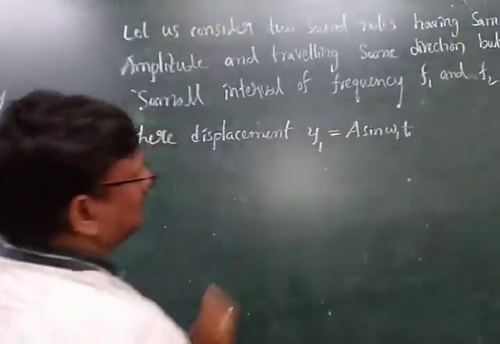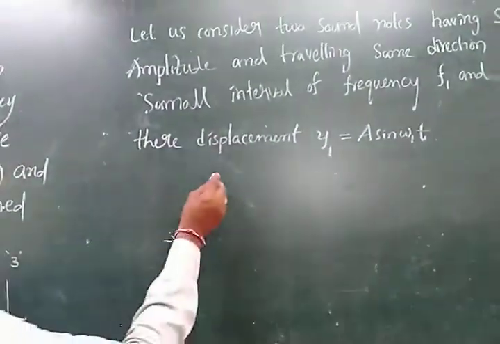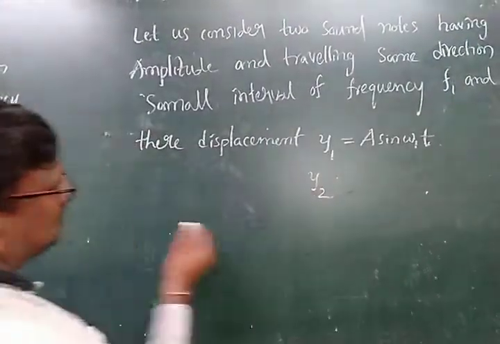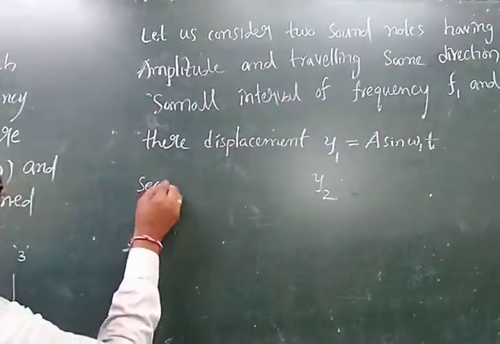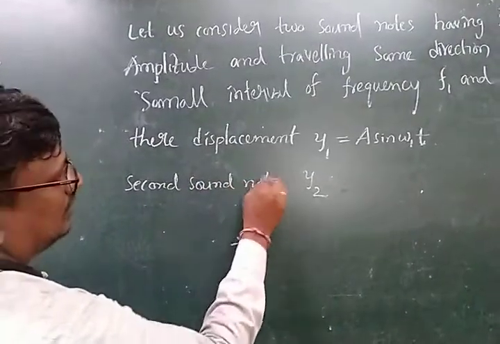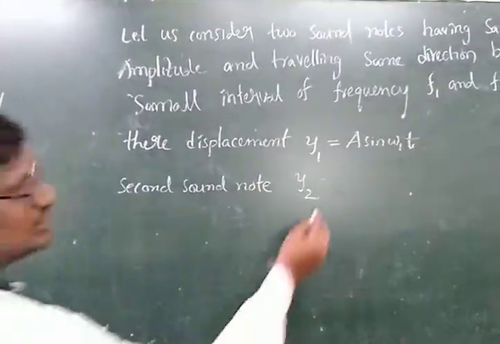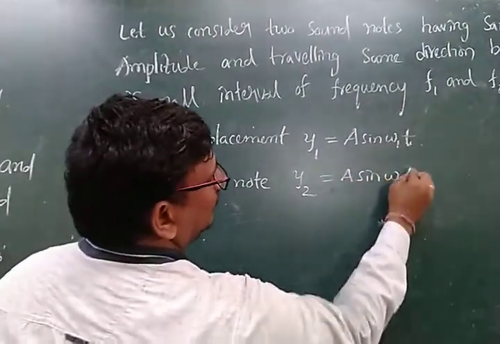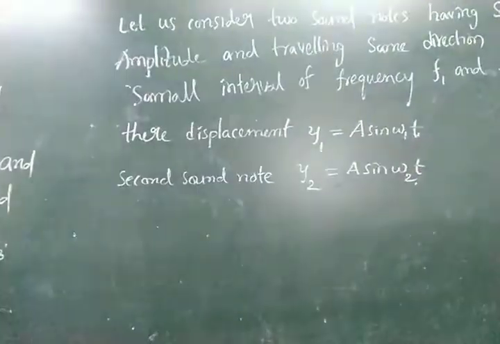The frequency is represented by omega1, and the second sound note's displacement y2 is equal to a sine omega2 t.